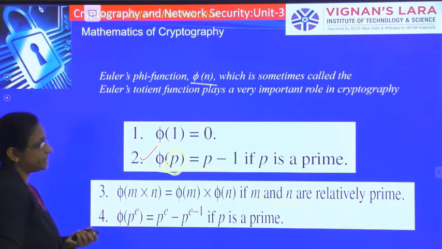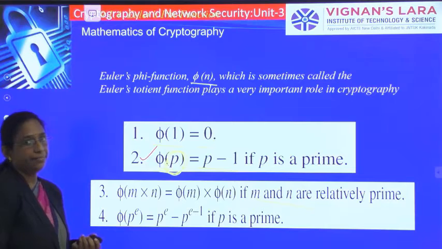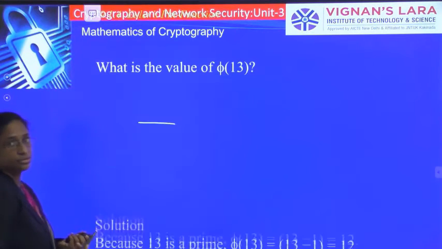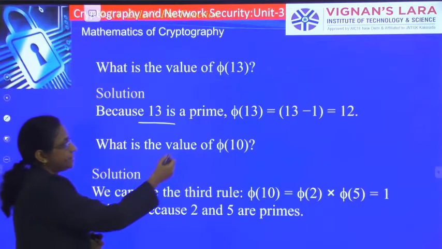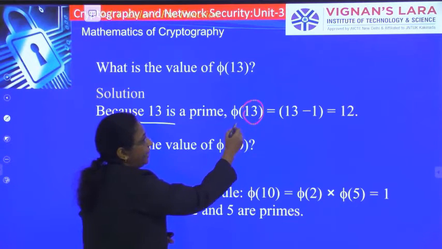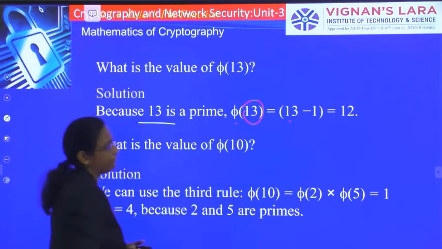Since 13 is prime, we will simply say p minus 1. So since p is a prime, 13 minus 1 is 12.